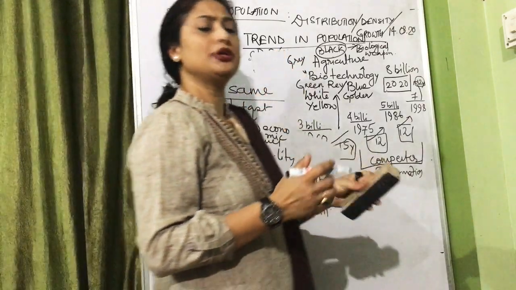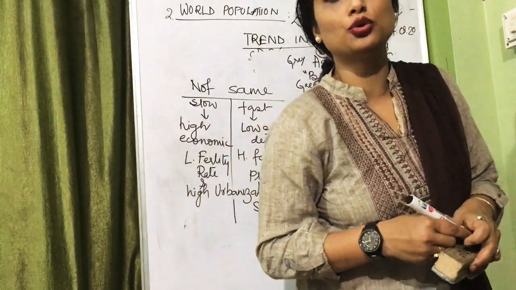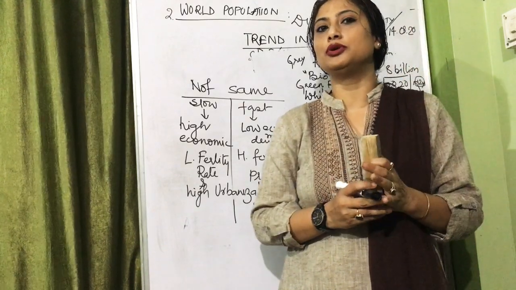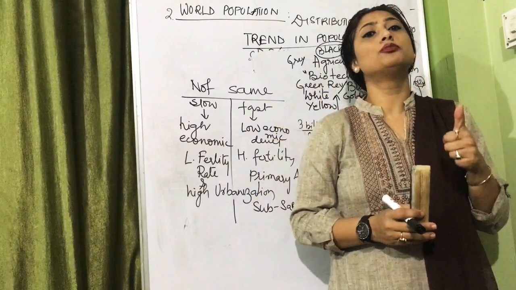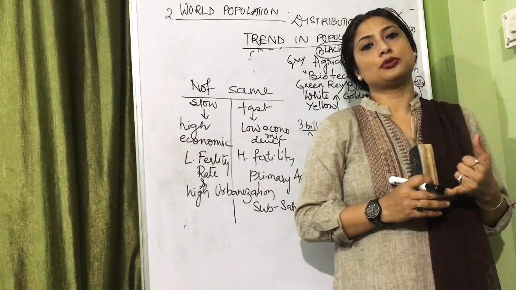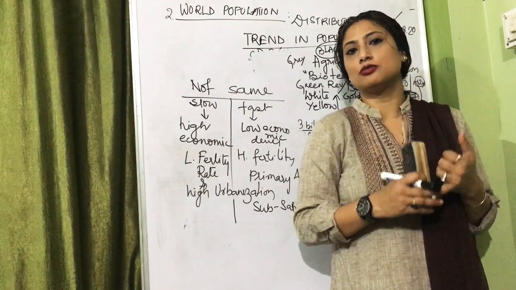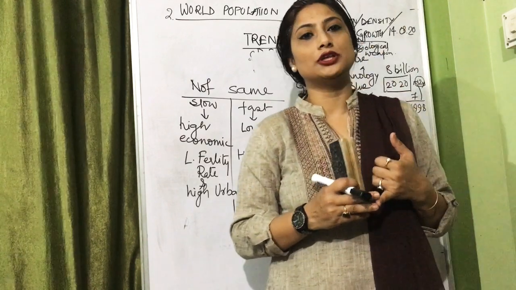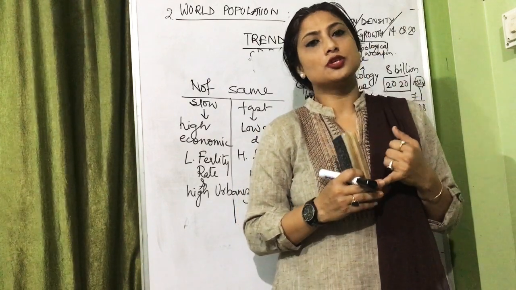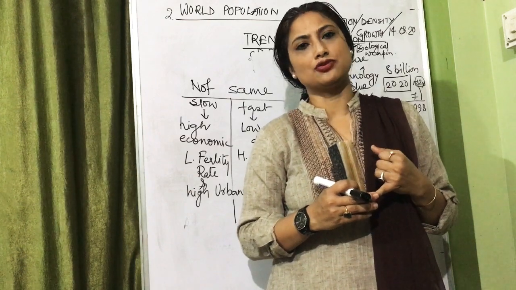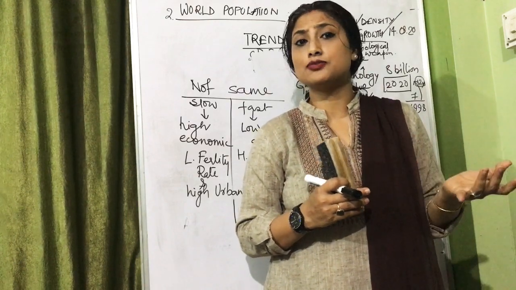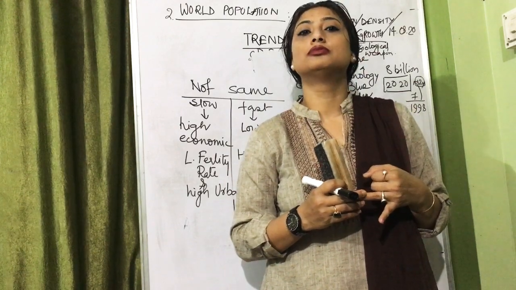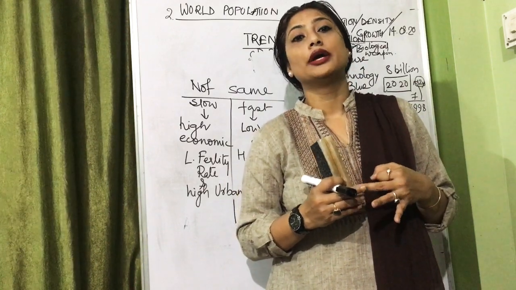Now what will happen if this population growth rate keeps on increasing? What problems will we face? The first and foremost problem, because of this population explosion, rather than population growth or expansion, a stage of population explosion, is the depletion of natural resources, either in terms of forest or mineral resources and energy resources.